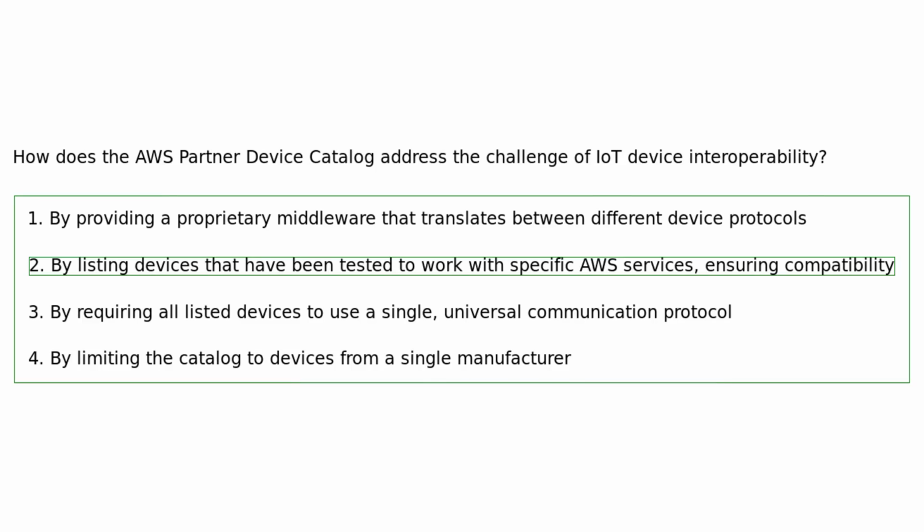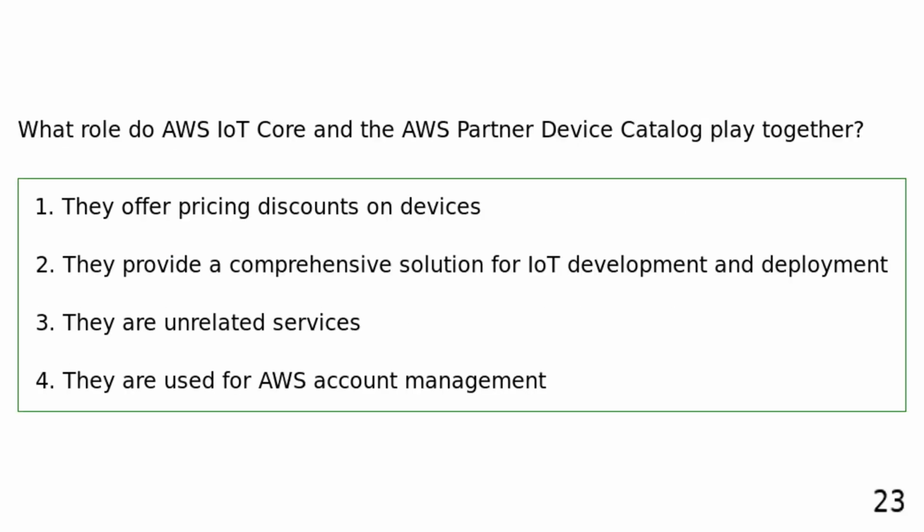The AWS Partner Device Catalog addresses IoT device interoperability by listing devices that have been thoroughly tested and verified to work with specific AWS services. This ensures that devices in the catalog are compatible with AWS IoT services and can interoperate within the AWS ecosystem, reducing integration challenges. What role do AWS IoT Core and the AWS Partner Device Catalog play together?